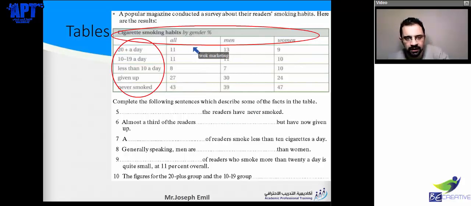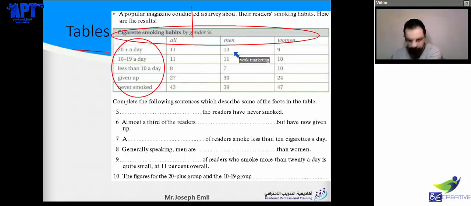You can now compare the numbers either for every row or for every column. So cigarette smoking habits by gender, 20 plus a day. 11% of smokers, by gender percentage here, are smoking 20 cigarettes or more a day.